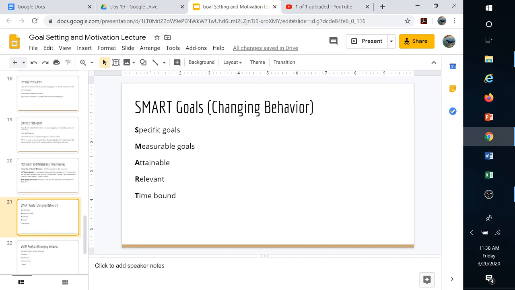SMART goals. Changing behavior. This is more of a skill. Like you would see this in a skill-based class, but we can link it to theory because we've just been talking about goals and how they were linked to needs and Maslow's and all that. Extrinsic, intrinsic motivation. All that stuff ties in here to achieving your goals. It even ties in to the educational research piece that we talked about.